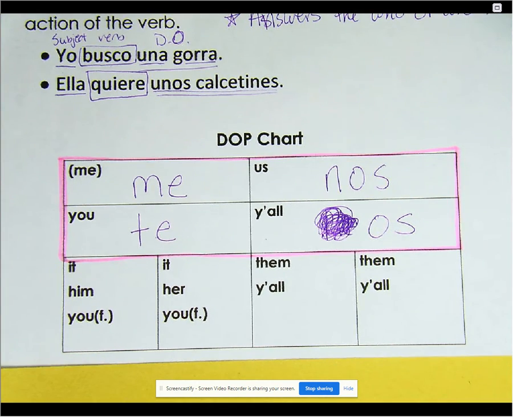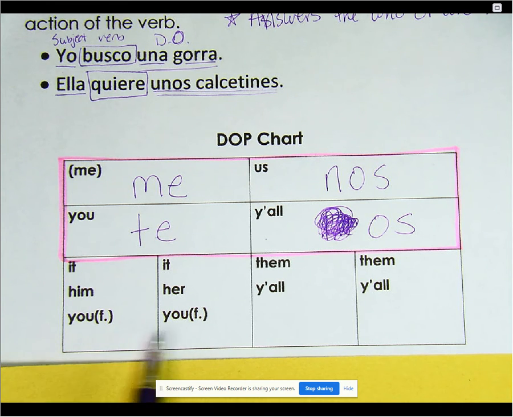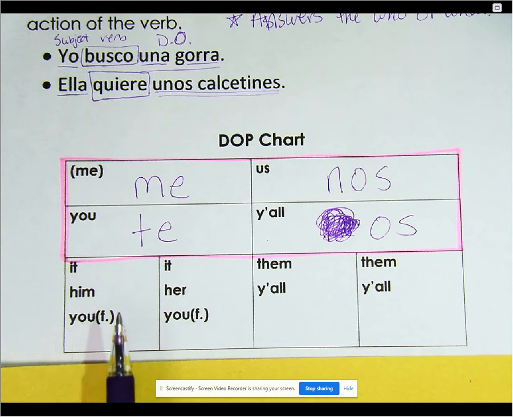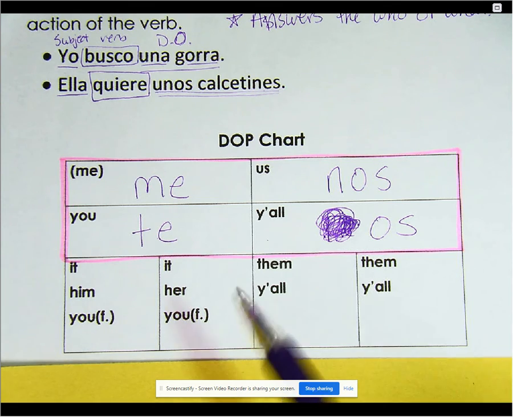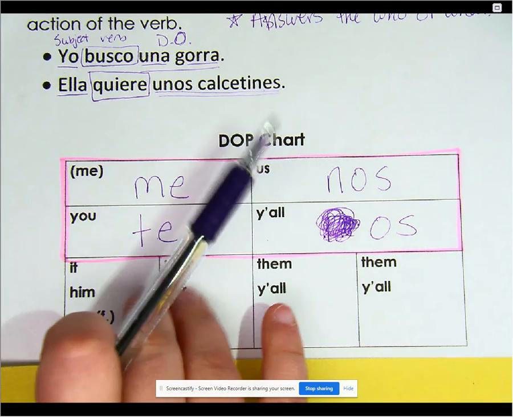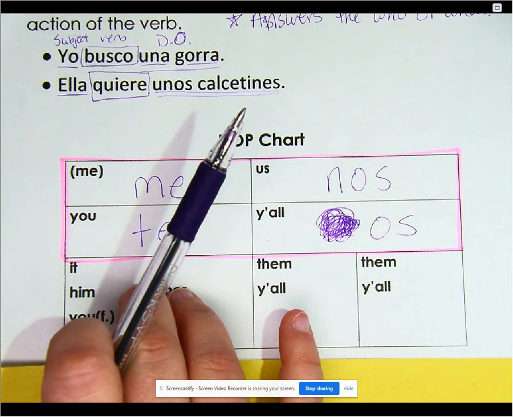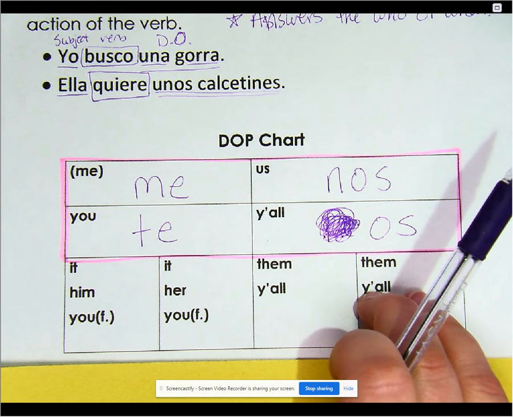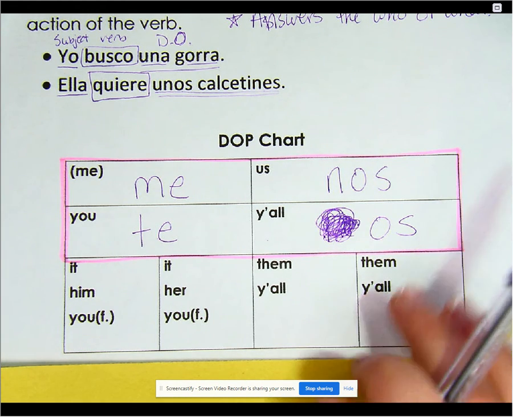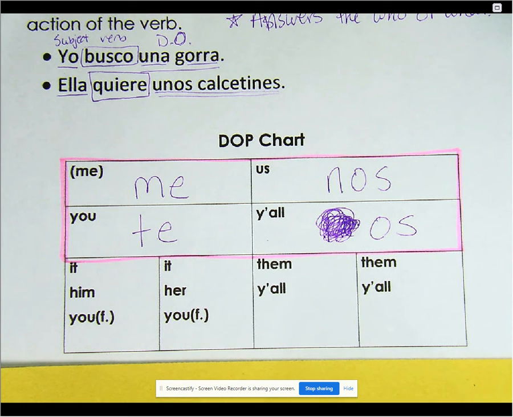Okay, os. All right, so these bottom 4 boxes, technically, if you think about the subject pronoun, we have the he, she, you here, he, she, you, or they and y'all here. I kind of separated this bottom box into 4 boxes.